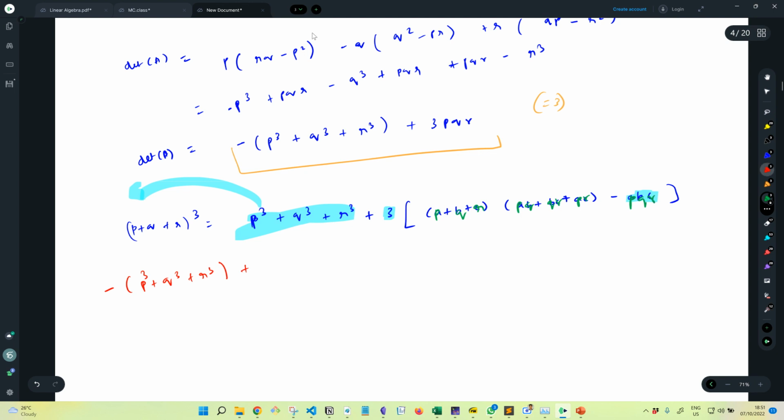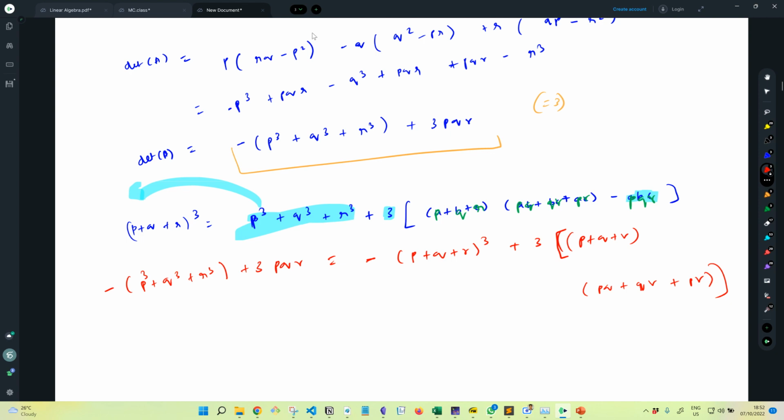So plus 3 times PQR will be equal to minus of P plus Q plus R the whole cube plus 3 times P plus Q plus R into PQ plus QR plus PR. I think this is okay so far.